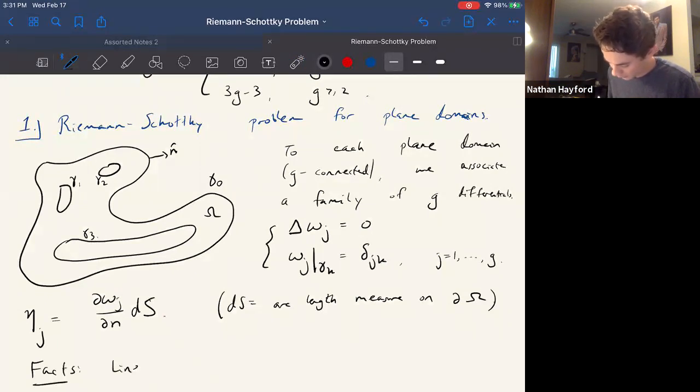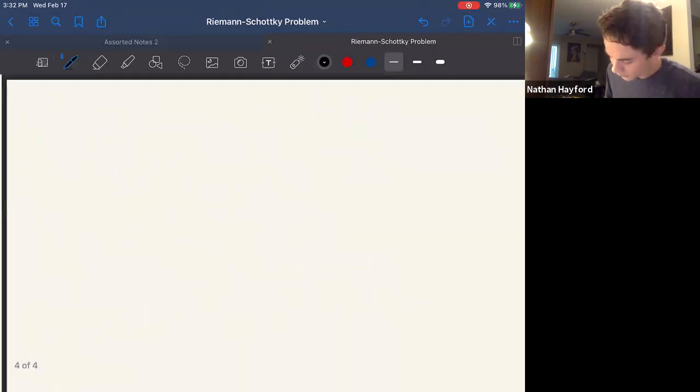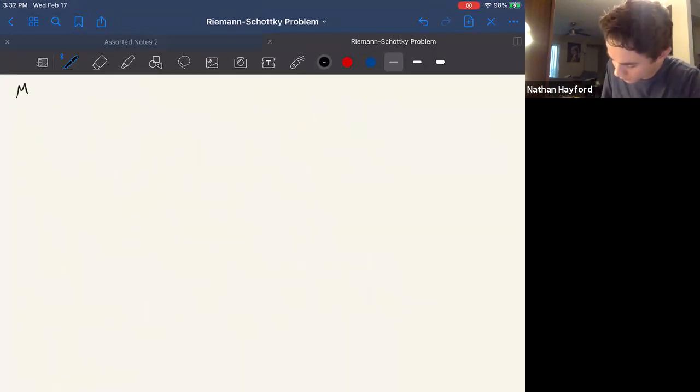So the facts about these differentials: they are linearly independent at each point, meaning if I consider the Wronskian of the coefficients, you get something non-vanishing at every point. And we're going to define a matrix associated to this domain, the period matrix.